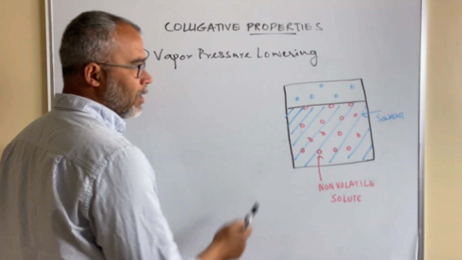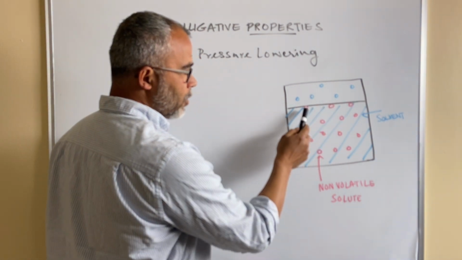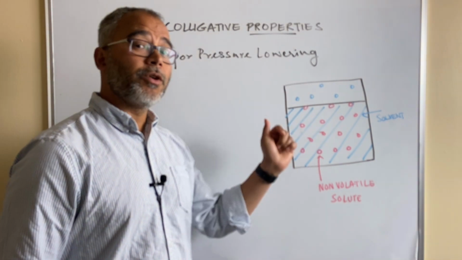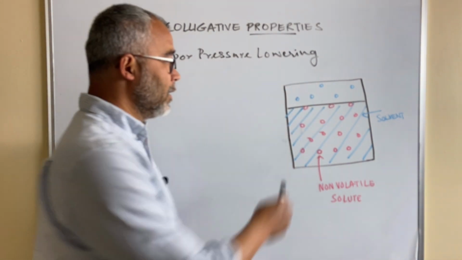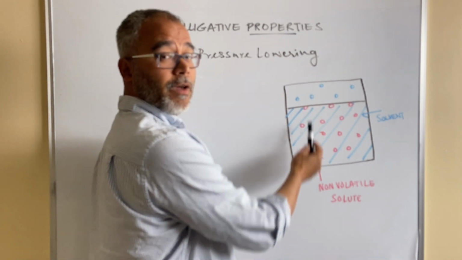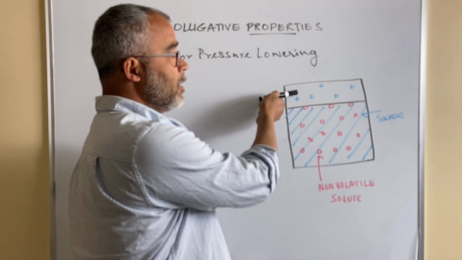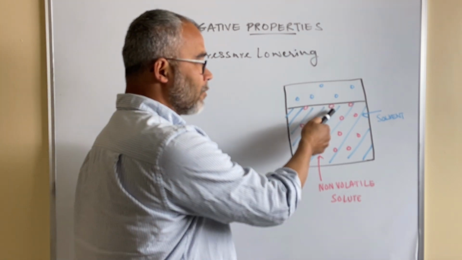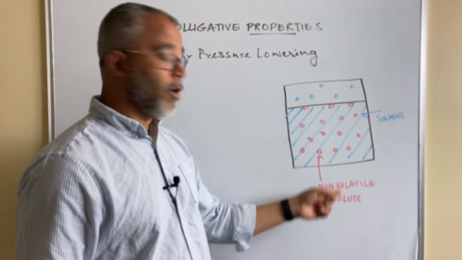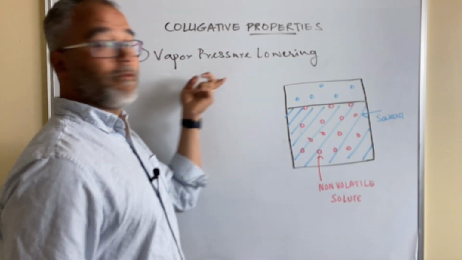Now if you imagine the surface of the solution, there are some solute particles, and because they're not able to go into the vapor form, they're actually blocking the solvent particles right below them from going into the vapor form. So you would have had more vapor out here, but you have less because of the blockage put into effect by the non-volatile solute. As a result, you have a lowering of vapor pressure.